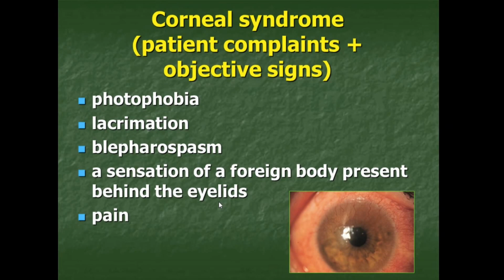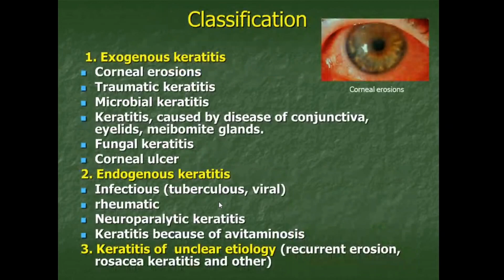And corneal syndrome includes patient complaints and objective signs. Classification of keratitis. All keratitis we can divide into exogenous keratitis, endogenous keratitis, and keratitis of unclear etiology.